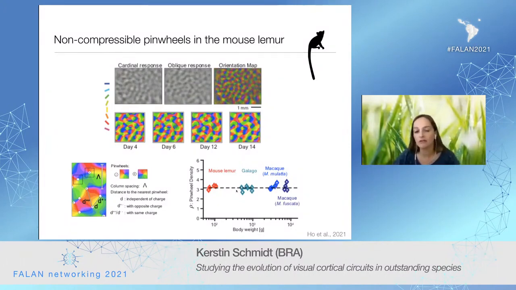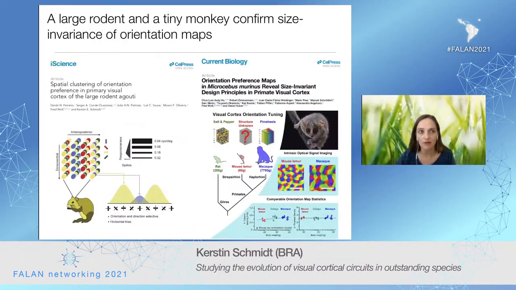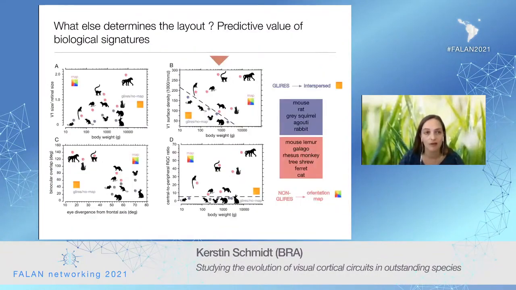Rather, they still obey certain rules, for example, the density of the singularities per hypercolumn seems to stay the same, independently of how big the cortex is. So a large rodent and a tiny monkey confirm that the expression of orientation preference maps is invariant of the size of the cortex. It has to do with other rules.